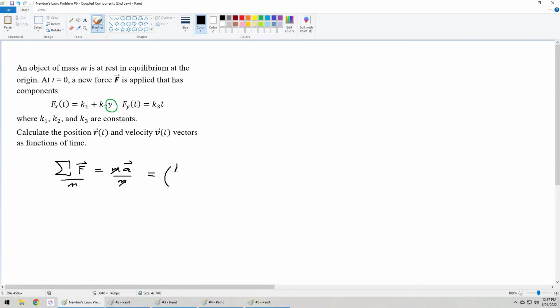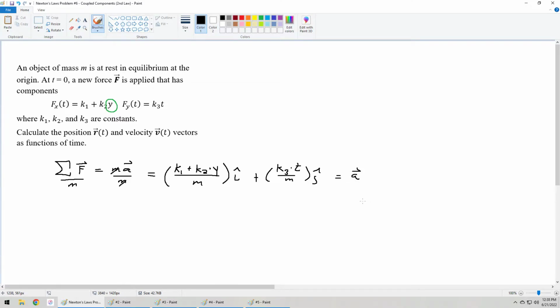If I take k1 plus k2 times y, and I divide both of them by m, this is going to be the i hat component, and I will do the same with the other piece, k3 times t divided by m, and this will be the j hat component. That's our acceleration vector. Okay?